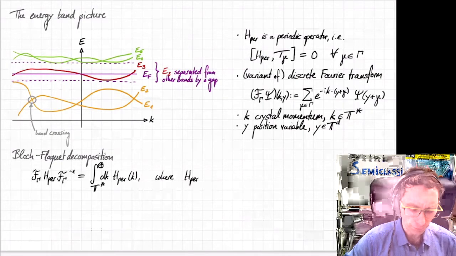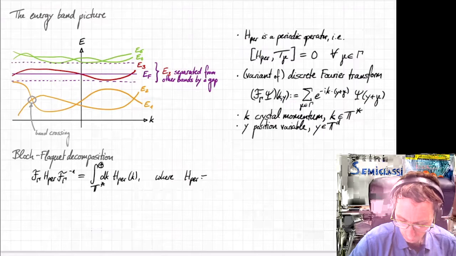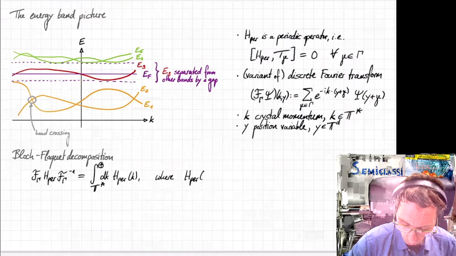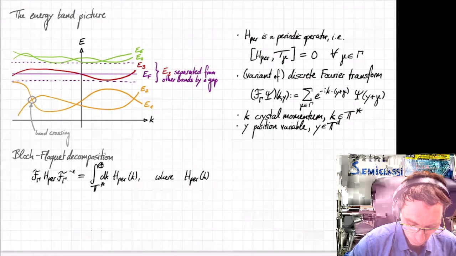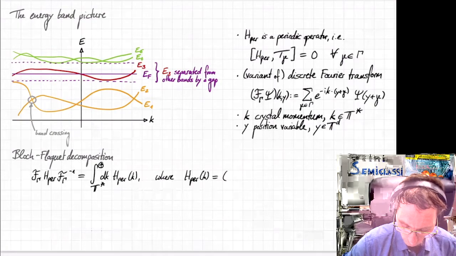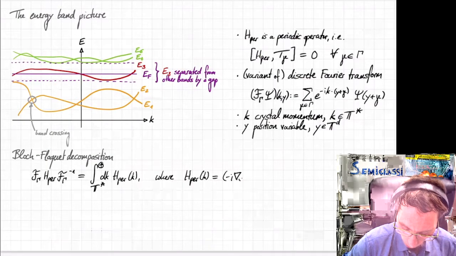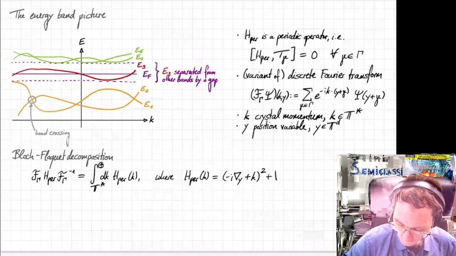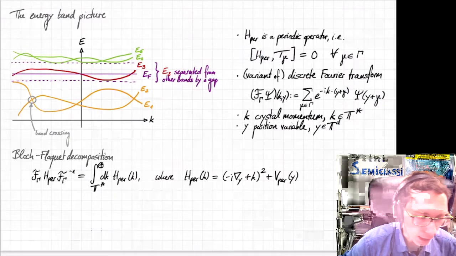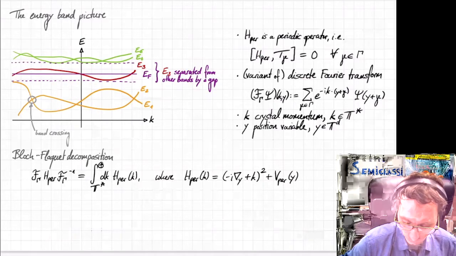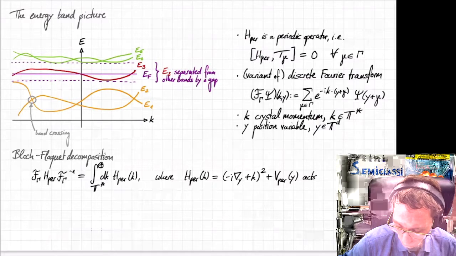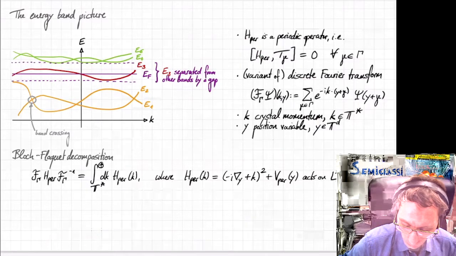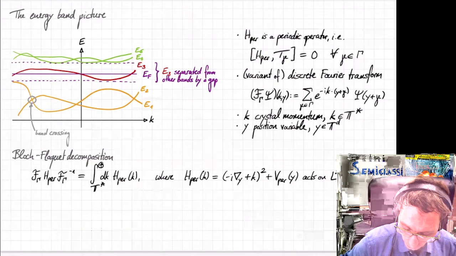And H periodic of K is not just some abstract nonsense operator. I can write it down very explicitly. It is just (minus i gradient in Y plus K) squared plus V periodic in Y. And this operator acts on L2 over T^d.